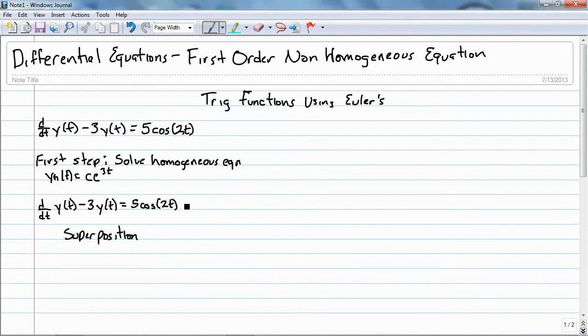And what I'm going to do is take and add 5j sine 2t.